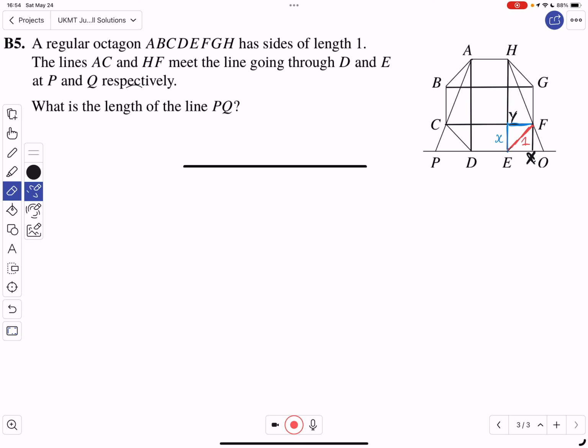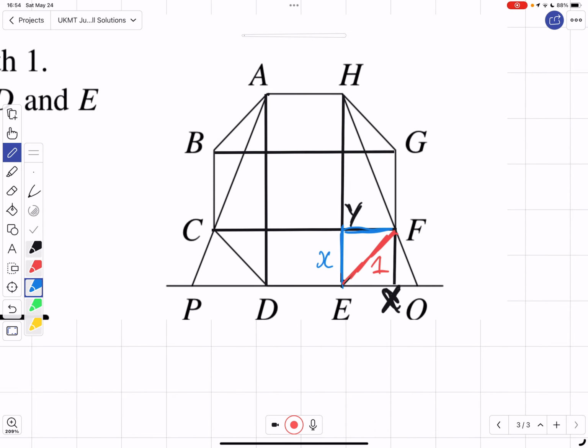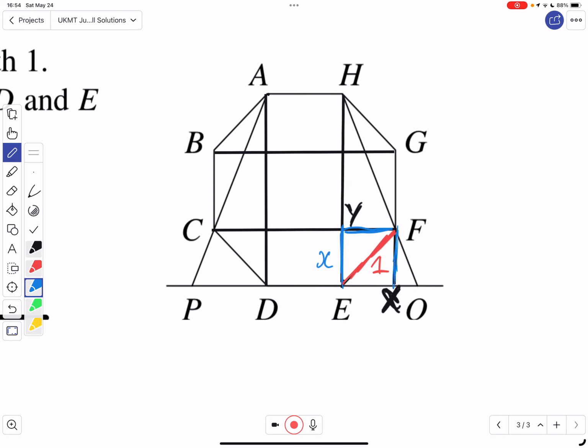I'm just going to take a note of that up here because we're going to be using that later. x is equal to the square root of 0.5. Now we also find that this is blue and this is blue because they're literally the same lines. They just dropped down and slid across.